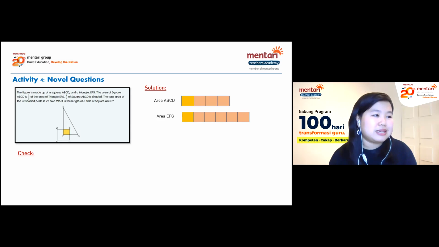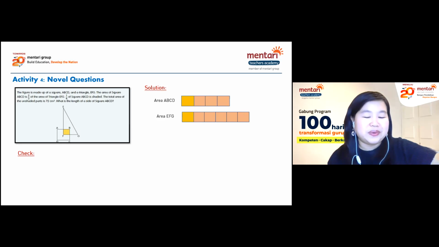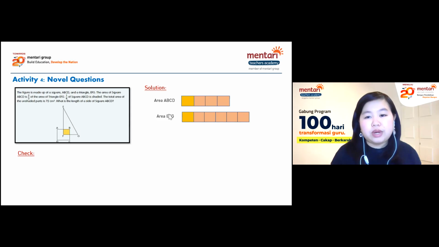What's going to be the next step? Let's try to complete the puzzle here. Who would like to pick up on the next step? So now we know that one part, or one square, represents 9 square centimeters, right? How does that help us? Reminder, the question is asking us to find the length of a side of square ABCD.